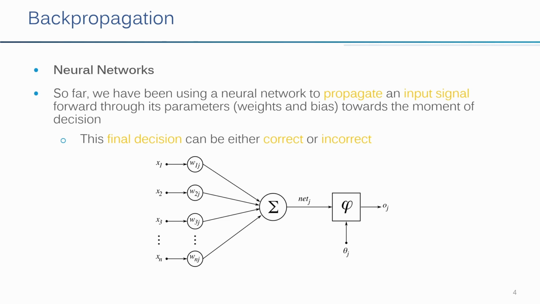So as we were saying, so far we have been using neural networks to propagate the input signal forward through its parameters, weights and bias, towards the moment of our decision. So we take all our inputs, we multiply them by whatever weight we have, we sum this up, put it in our nonlinearity, plug this into a softmax, and calculate whatever probability we're trying to investigate. Be that for figuring out what label a given context has, or a sentiment in a sentence, and so on.